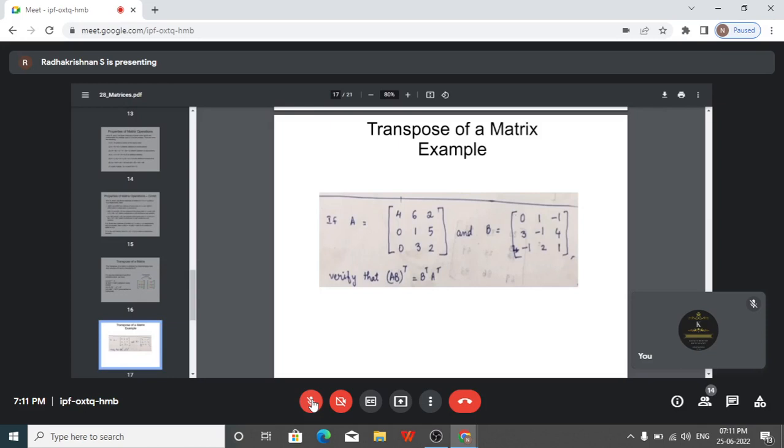So you were able to verify AB whole transpose equals B transpose A transpose; the answer came equal for both.